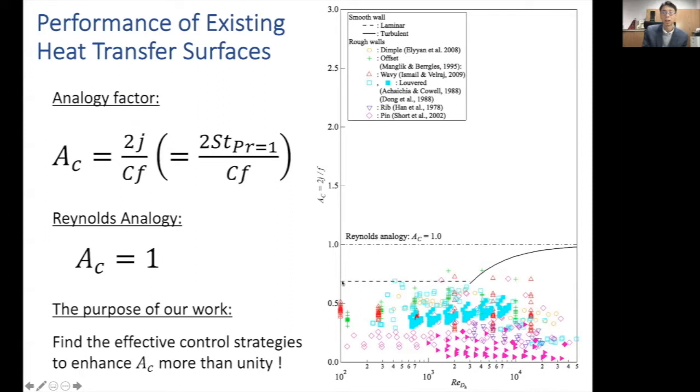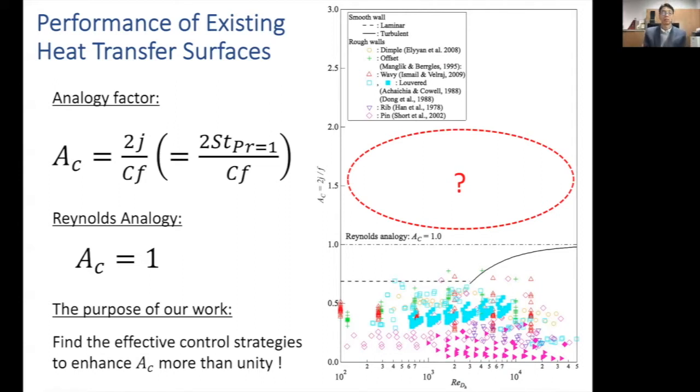In the case of laminar flow for the flat surface, it's almost constant, actually exactly constant. And then if the flow transitions to turbulent, it approaches 1. So the Reynolds analogy holds fairly well at higher Reynolds number for a flat surface. And if you plot all the existing heat transfer surfaces, they are below 1. So again, we would like to achieve an analogy factor larger than 1.